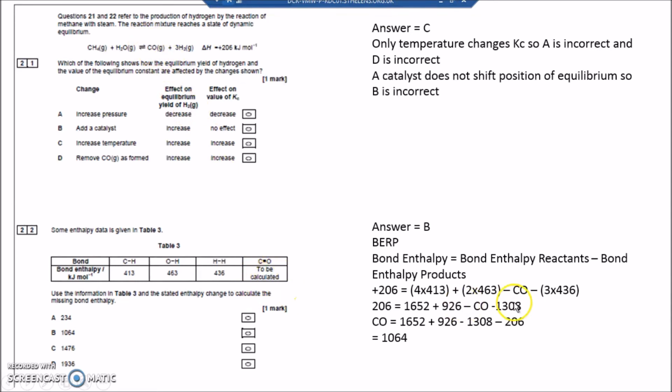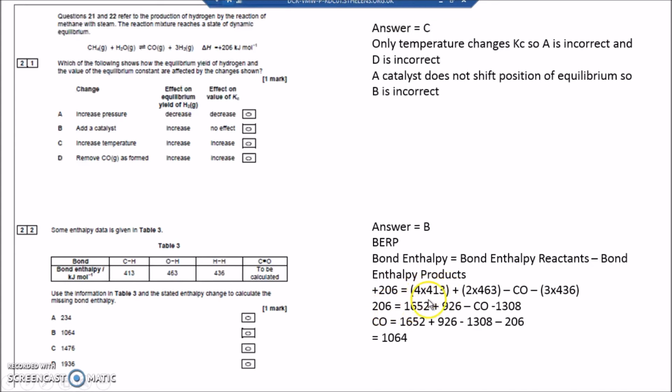It doesn't tell me that, so I'll just leave that as minus the carbon monoxide bond. Is that what it wants me to find out? It does. It wants me to find this value out. Take away 3 lots of H2. An H to H bond is 436, so I'm taking away 3 lots of 436. If I rearrange that equation, I'll end up with 206 equals 1652.